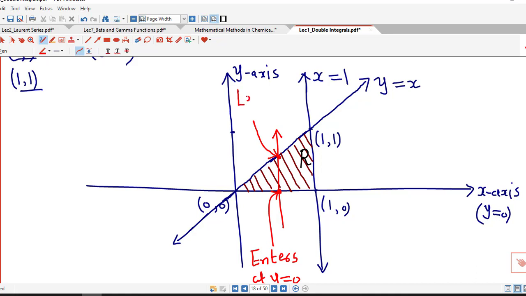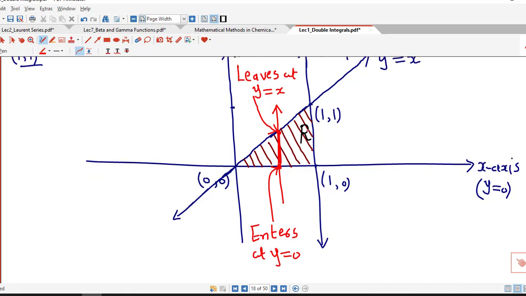We write that the line leaves the region at y equal to x. So first we are integrating along this part of the region, and on this part x is constant and y changes from 0 to x. Therefore the first integration will be with respect to y from y equal to 0 to x.